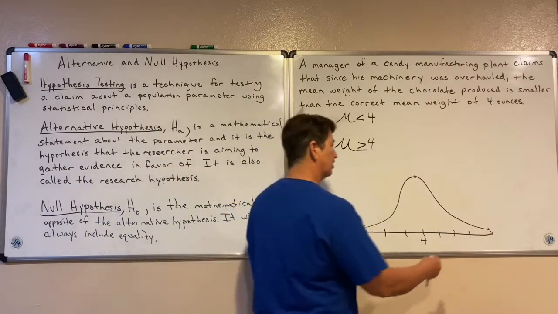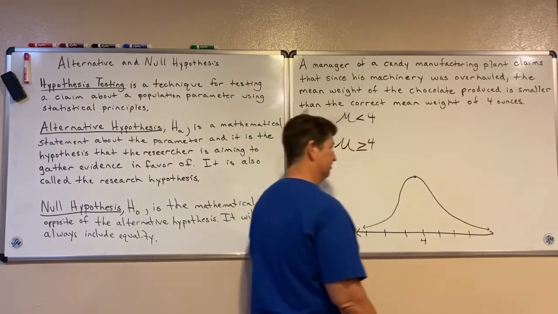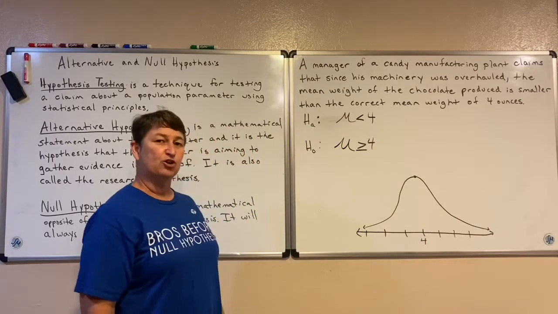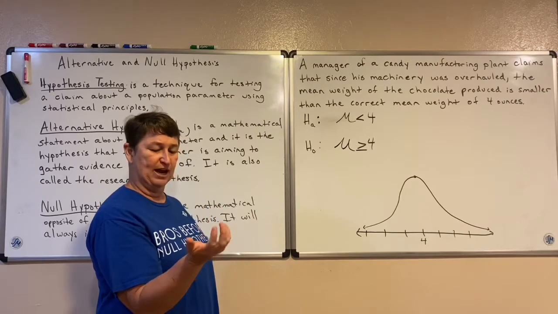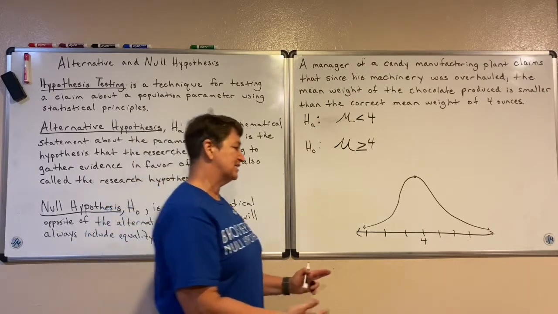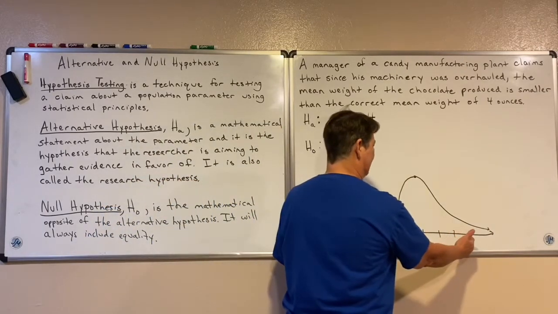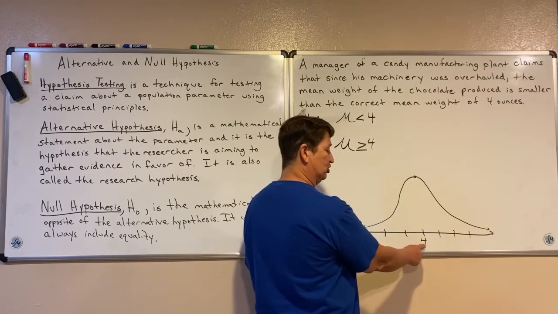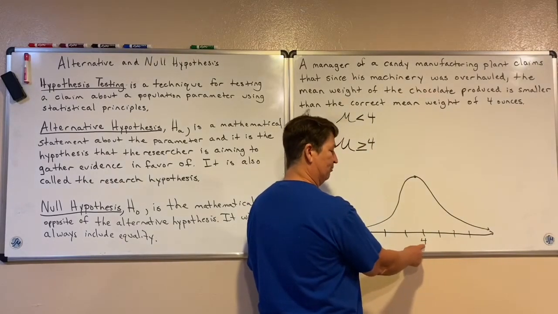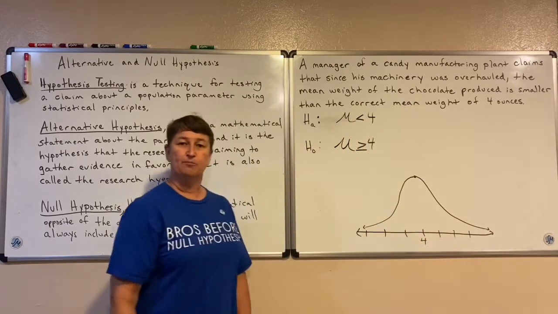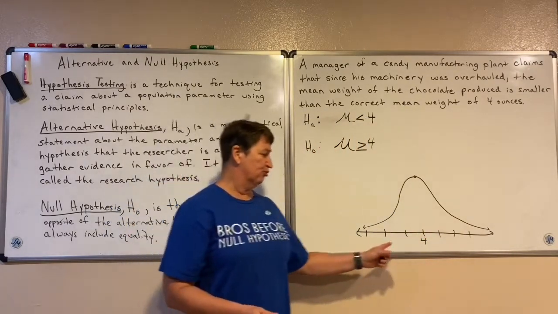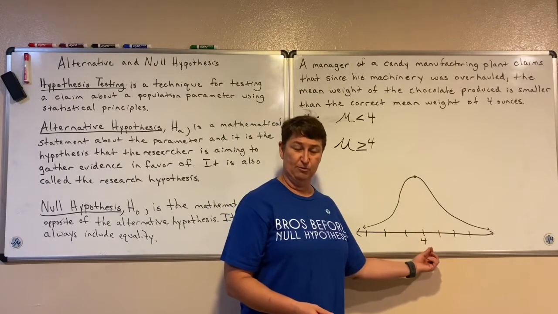So, with that confidence interval, if I then go out and grab a sample of the chocolate bars and weigh them, I would expect that mean weight, if the population mean weight is 4, to be within 3 standard deviations of this mean.